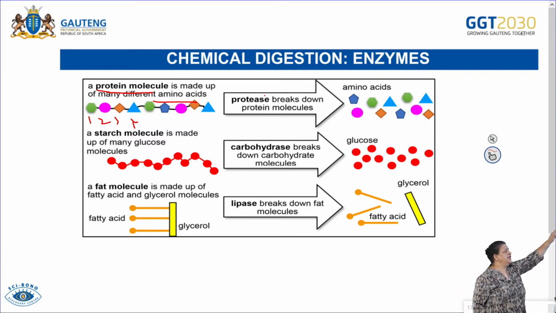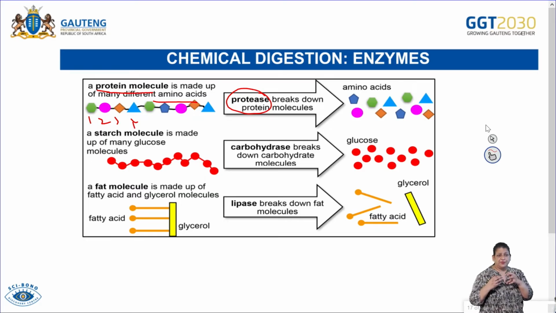So here, the enzyme that breaks down a protein, see, protease. So protease breaks down proteins to amino acids. So all the enzymes that break down your meat, fish, chicken, eggs, beans, lentils, those are proteins.